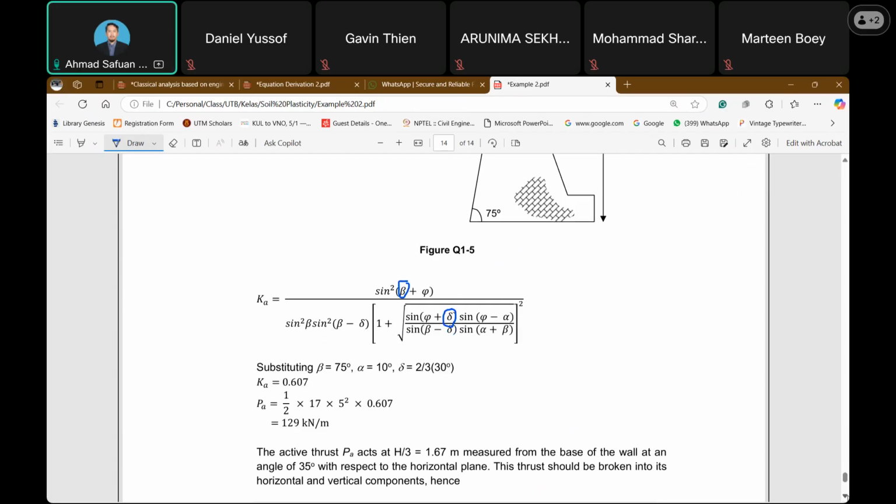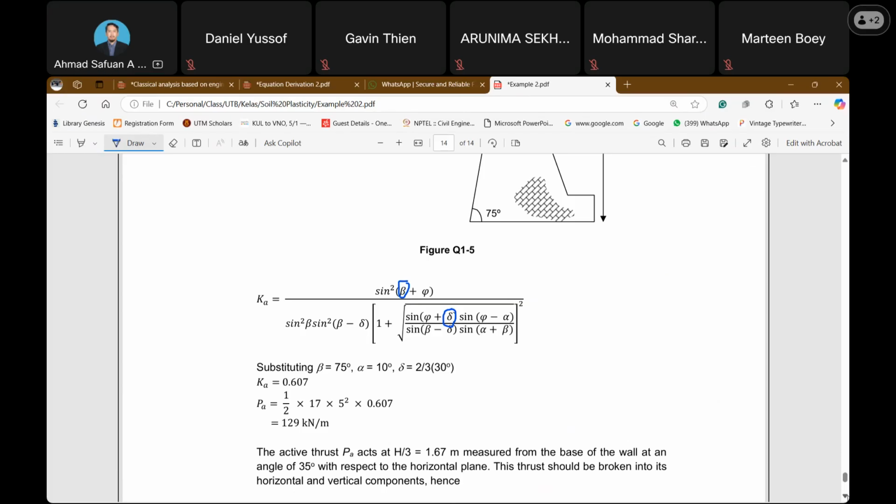Could you use your calculator? Try to get the Ka. Is it the same as the one that appears in this example? Because during your final exam, you need to do some calculations, so you need to be familiar with the equations.